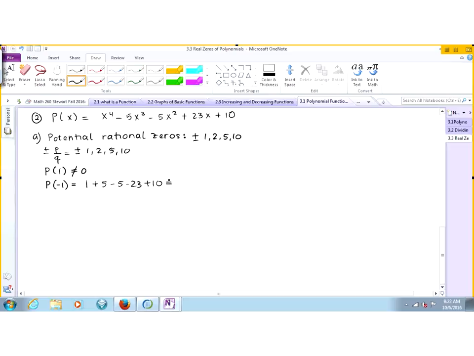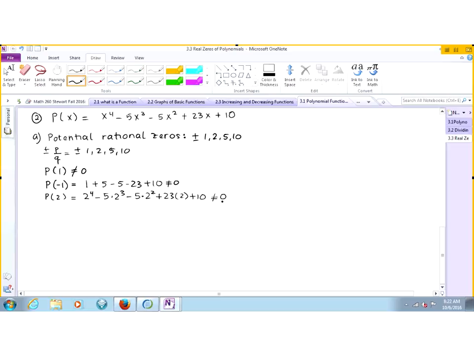Is this 0? No. How about 2? So here you have to try a few. So 2 to the 4th minus 5 times 2 cubed minus 5 times 2 squared plus 23 times 2 plus 10. This is more positive than negative, isn't it? So this is not 0, right?